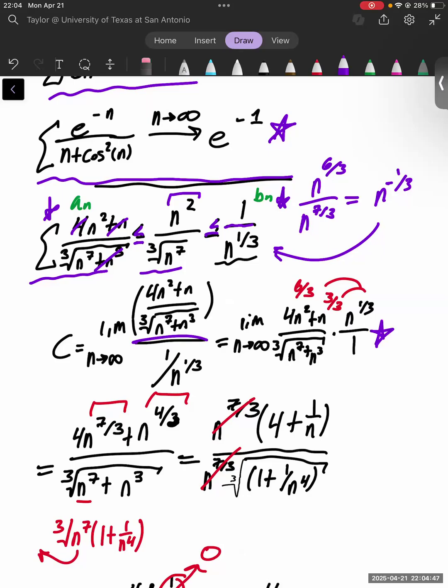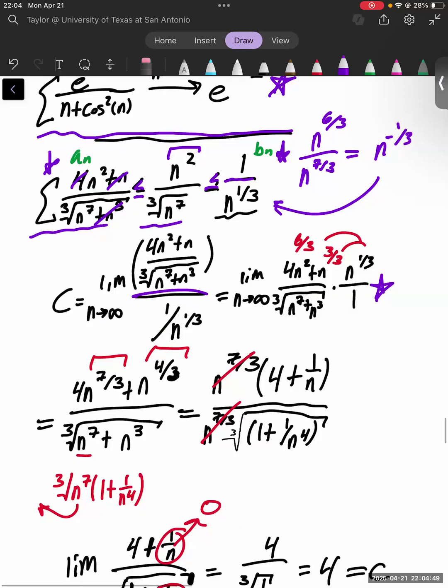And then lastly, I'm just going to clean everything up. This gets sent up to the numerator. That's where we get this expression here. So when I multiply here, I'm sorry, not multiply. When I add these two powers, I get n to the 7 over 3 plus n to the 4 over 3.